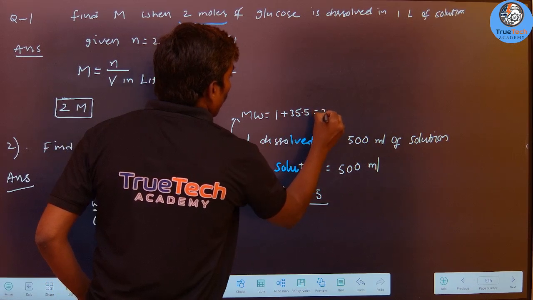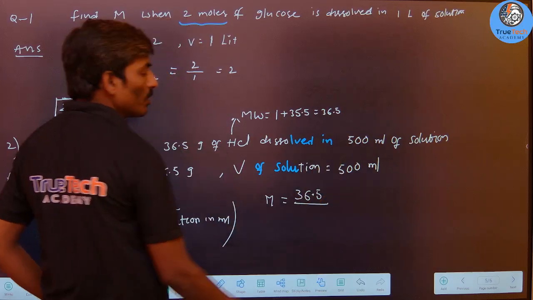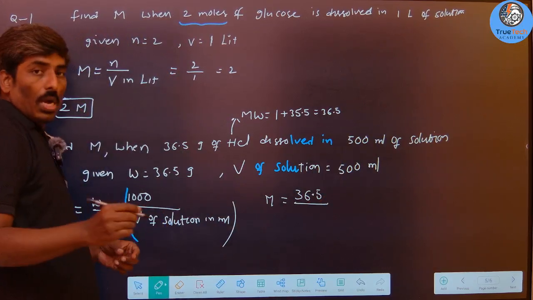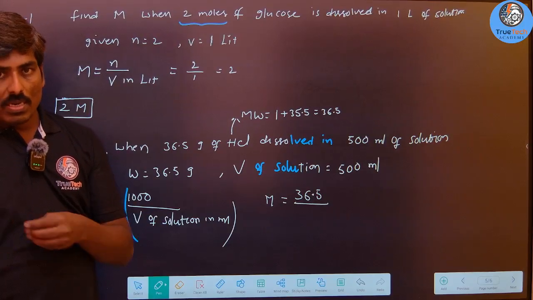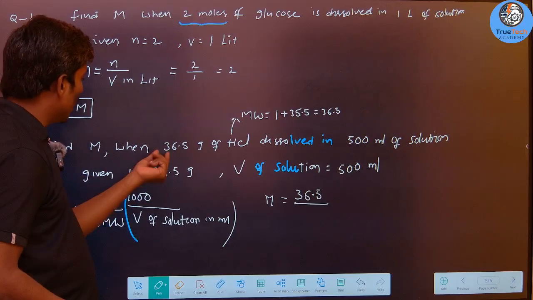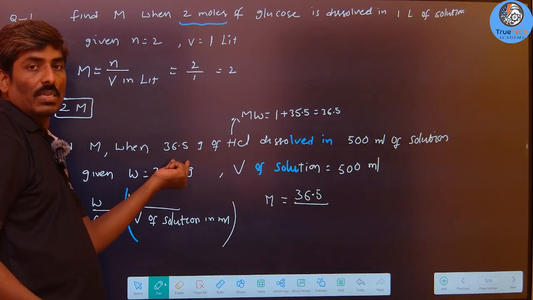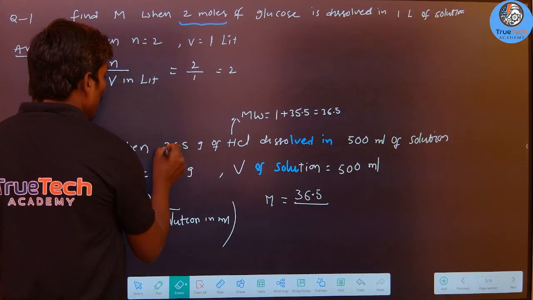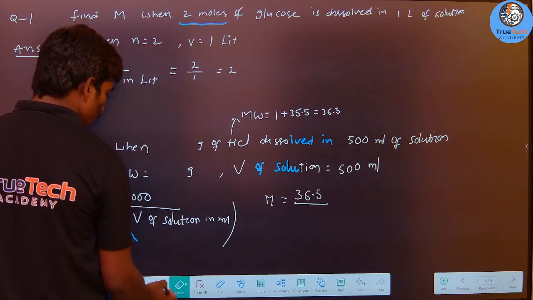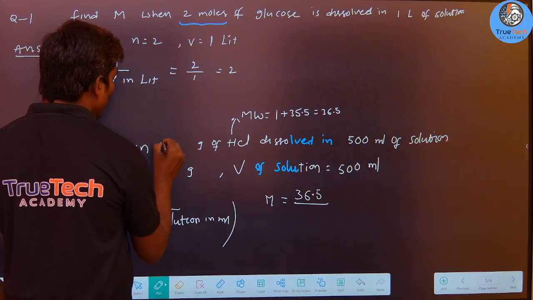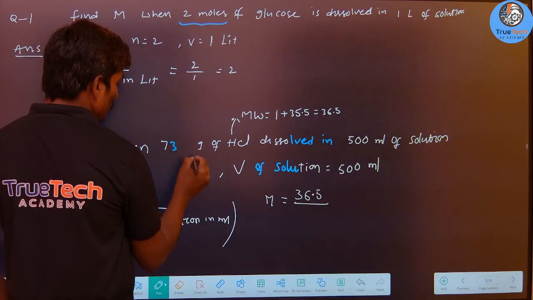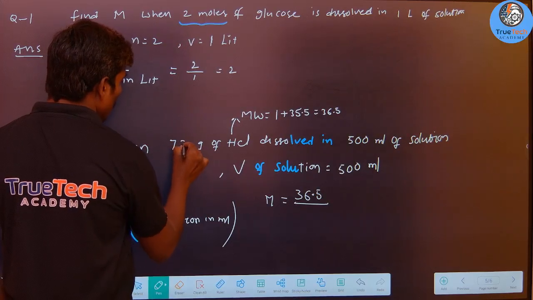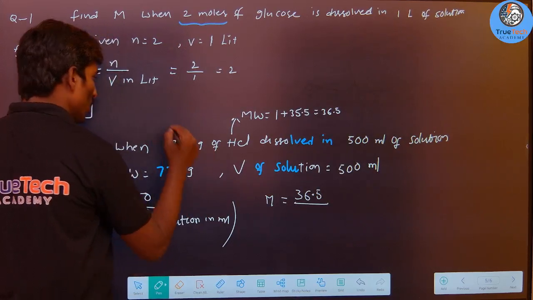So gram molecular weight is 36.5. If you want a little difference, we can change it also, no problem. I will make a small change: instead of 36.5, I will take 73 grams.